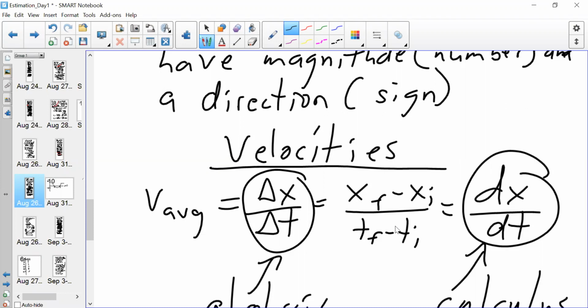But in reality, your average velocity is mostly not the same as your instantaneous velocity. For example, you're traveling somewhere. You calculate your average velocity when you know your final position and final time. But along the way, let's say at some point you went 100 miles an hour.